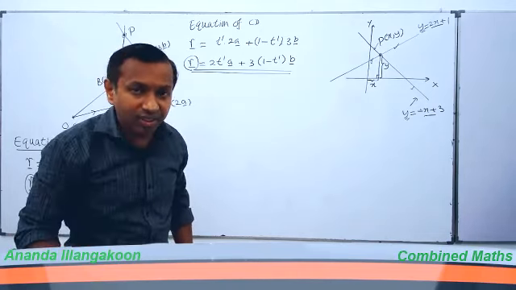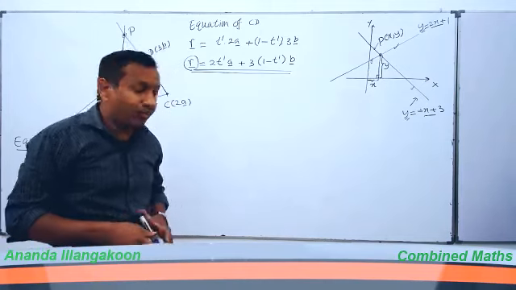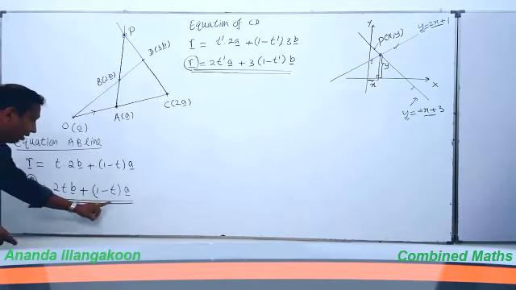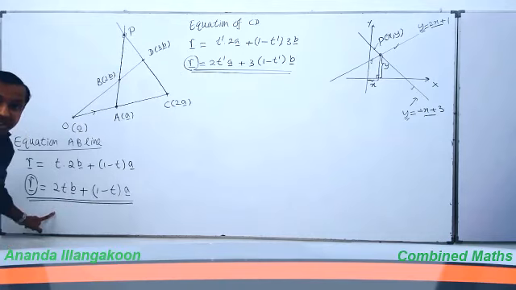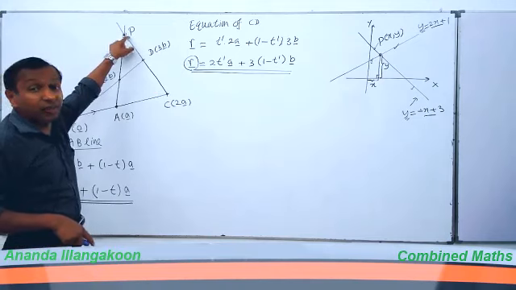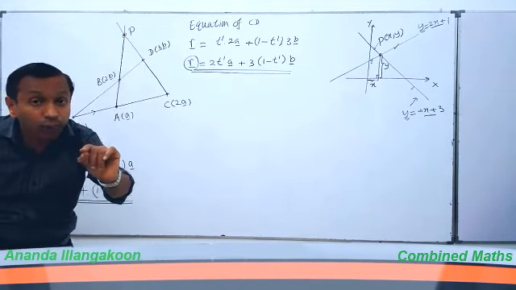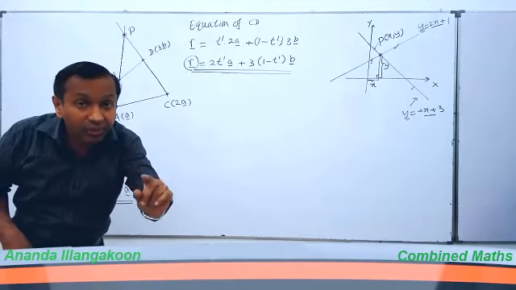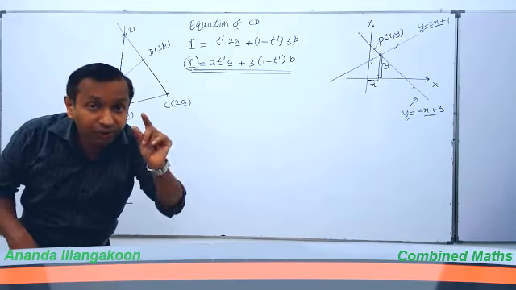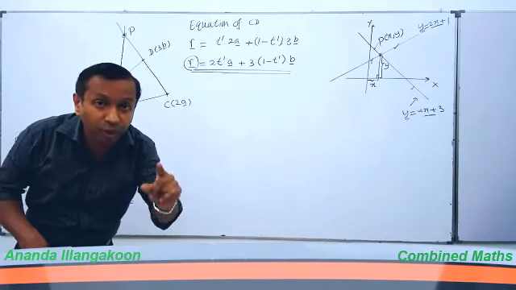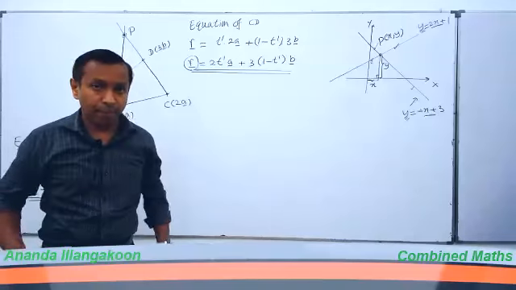Suppose we found T, take in the terms of T and substitute in here and here. When you simplify, we get what? The position vector of what? This P. Why? That T value is the required value of the parameter which gives the position vector of the point P. That's the method.